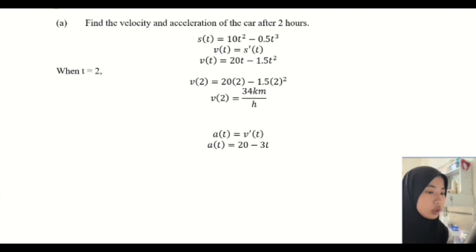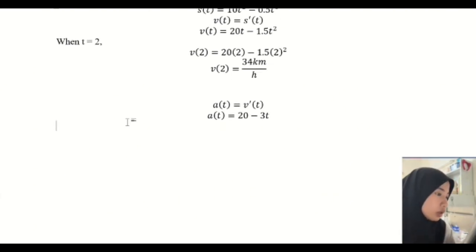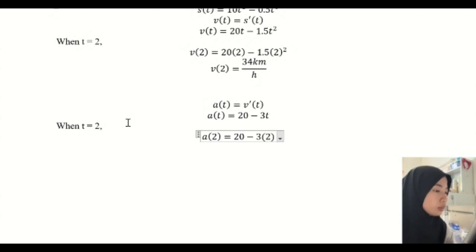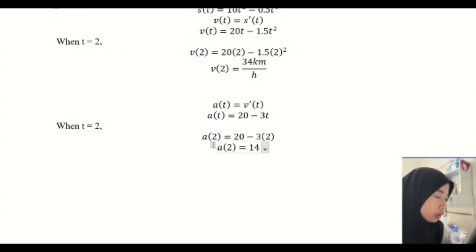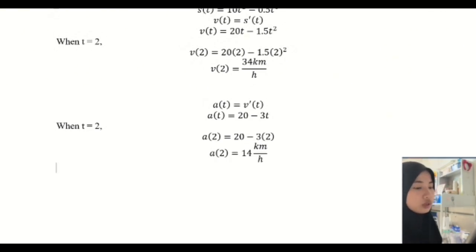And then we also need to replace the value t equals 2. A(2) equals 20 minus 3(2). So we got the answer, which is 14 km per hour squared. So now we can see that the car is moving at 34 km per hour and accelerating at 14 km per hour squared after 2 hours.